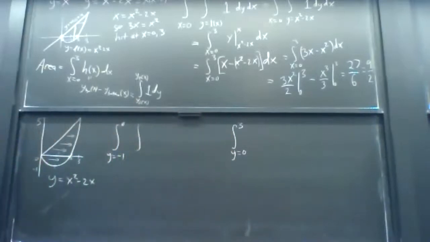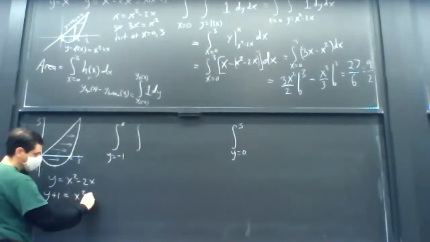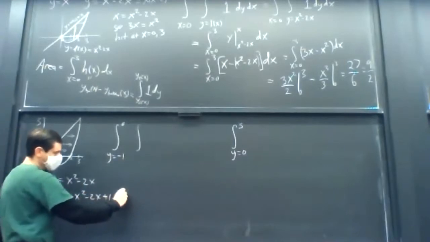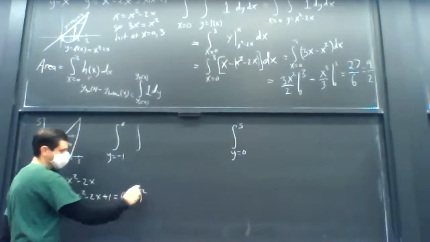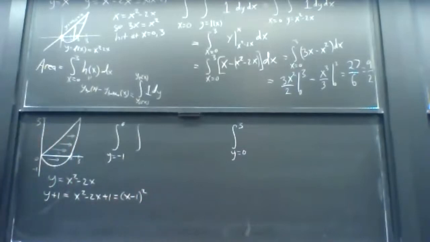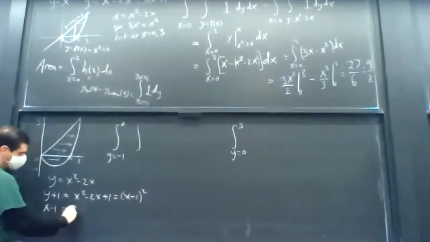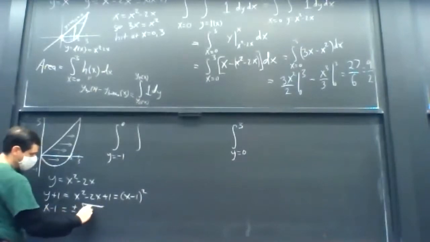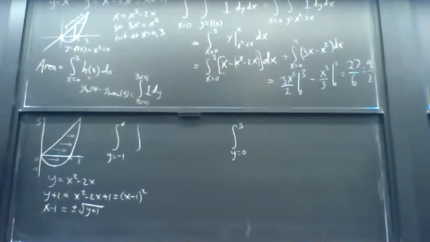You can use the quadratic formula, and the quadratic formula will give you the two different roots. That's going to work very nicely for this as well. But I could do it as, y plus 1 is x squared minus 2x plus 1 is x minus 1 squared. So now I get x minus 1 is plus or minus the square root of y plus 1.